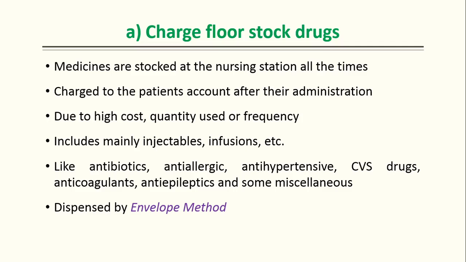This category also includes anti-allergic, anti-hypertensive, CVS drugs, anticoagulants, anti-epileptics and some miscellaneous items, like infusion bottles such as dextrose 50% and mannitol. After administration of these drugs, the charges are directly added to the patient account.